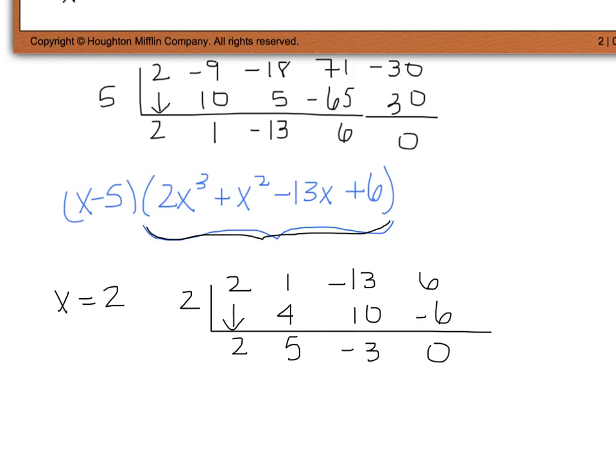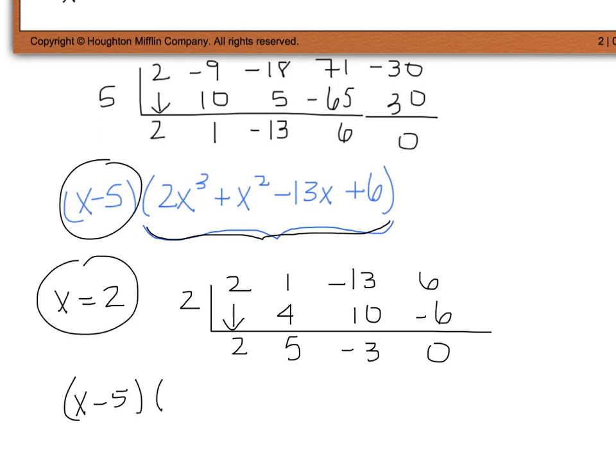So now my factors are, I still have that x minus 5 from up here. I just created this x minus 2. And now I have 2x squared plus 5x minus 3.